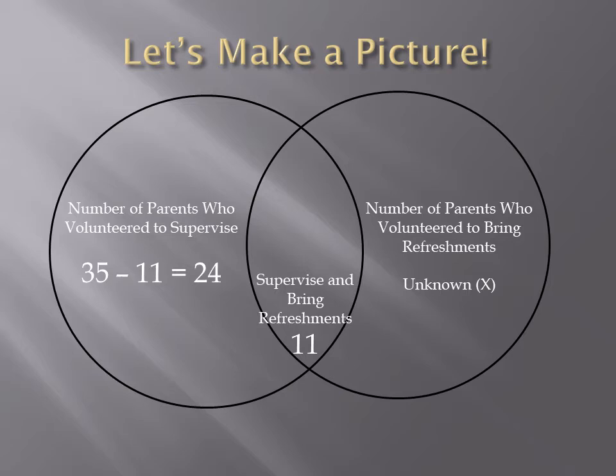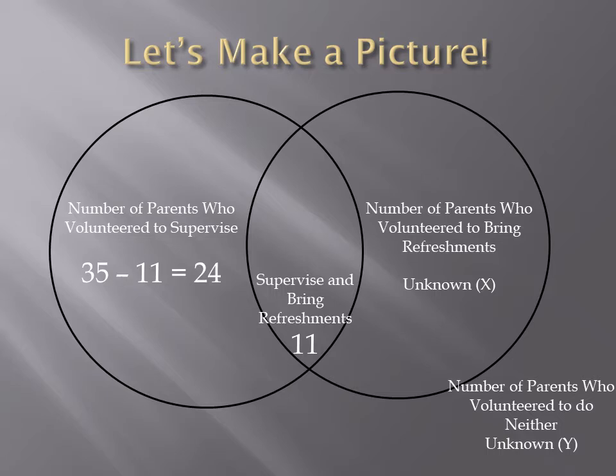So that whole left circle is going to be the 35. That's the number of parents who volunteered to supervise. To get just this left-hand section, we need to subtract the number of parents who volunteered to supervise and bring refreshments, which was 11. So 35 minus 11 gives us 24 parents who volunteered to only supervise children.